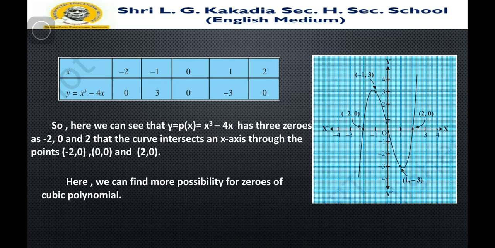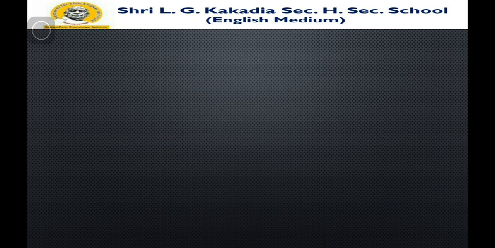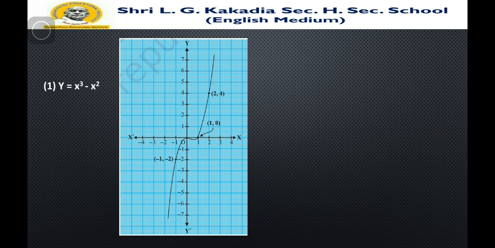Here we can find more possibilities for zeros of a cubic polynomial. The first graph is y = x³ − x². We draw the graph of the given polynomial and find such a graph. The graph intersects at 2 points, that is (0, 0) and (1, 0). So the given polynomial has two zeros, 0 and 1.